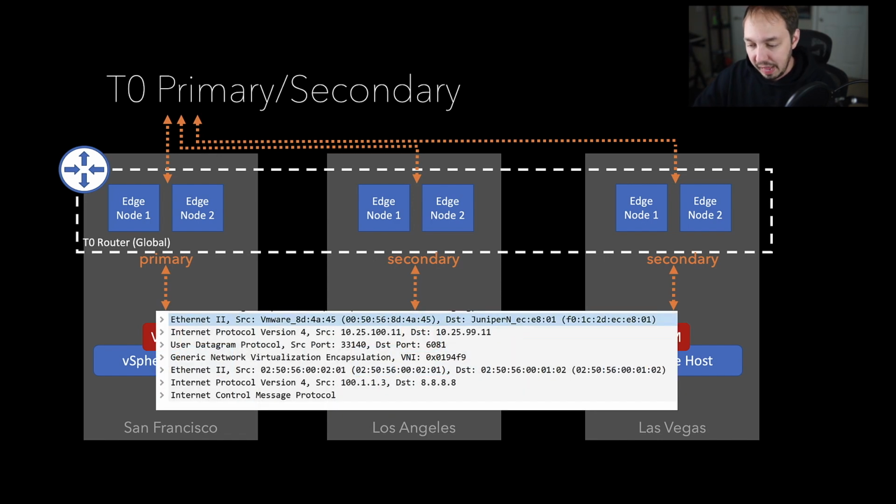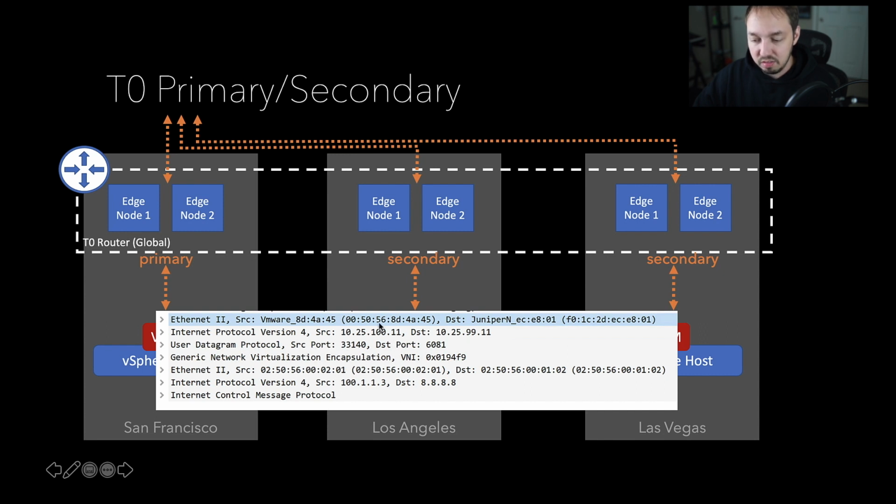Now, I do want to show you a packet that I captured from my design. So basically, this is a packet generated by a VM. In this case, it was inside of Los Angeles, and the VM source IP was 100.113. I went into that VM and I issued a ping to 8.8.8.8, and this is the result I got. What I did is I actually captured the packet over here so we can see the source IP is 100.11 and the destination is 99.11.